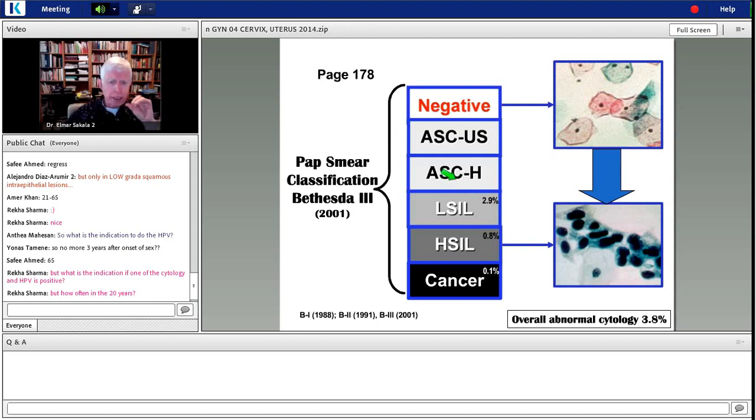ASC-H is concerned that it could be HSIL, but it doesn't have quite the criteria. So it probably should be negative, ASC-US, LSIL, ASC-H, HSIL, and cancer.